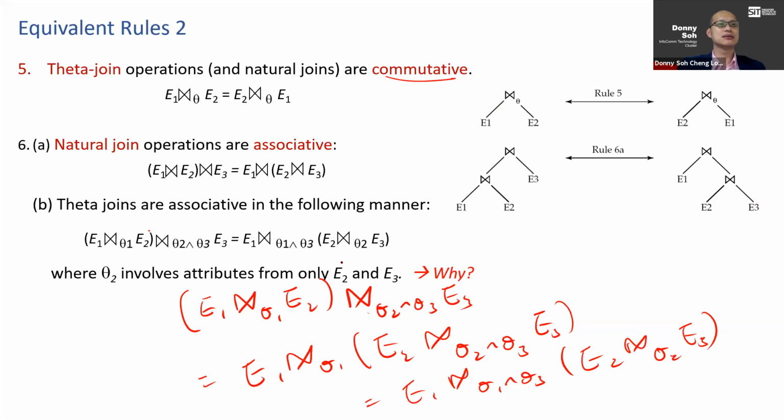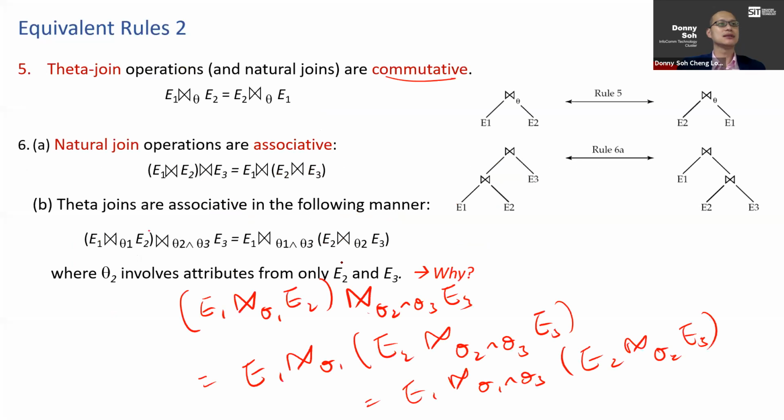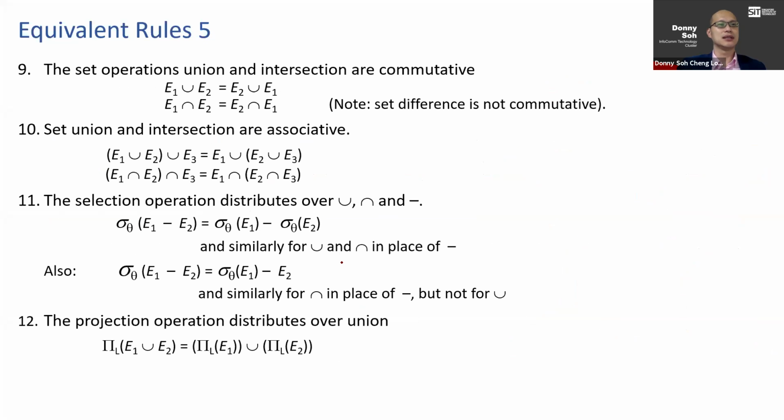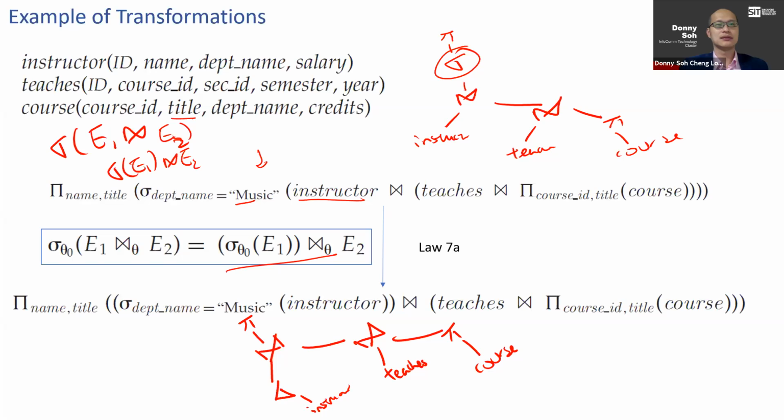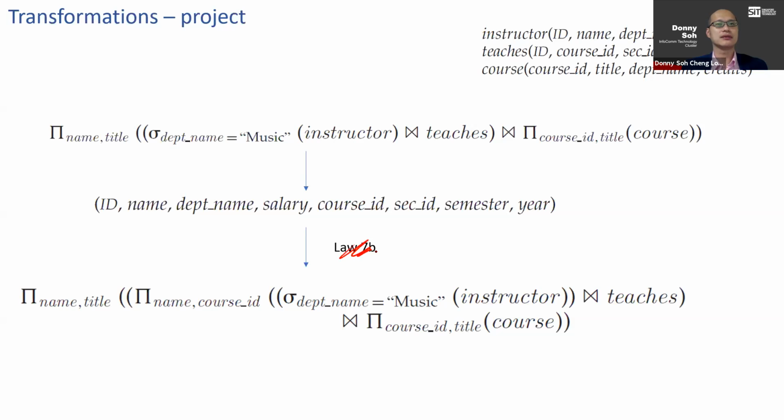Yeah, I think this is 8. I thought this was 7, but apparently this is not correct. Sorry, let me try to see what this is. In this scenario, this is about a transformation whereby I actually require only the name and title on the outermost layer.